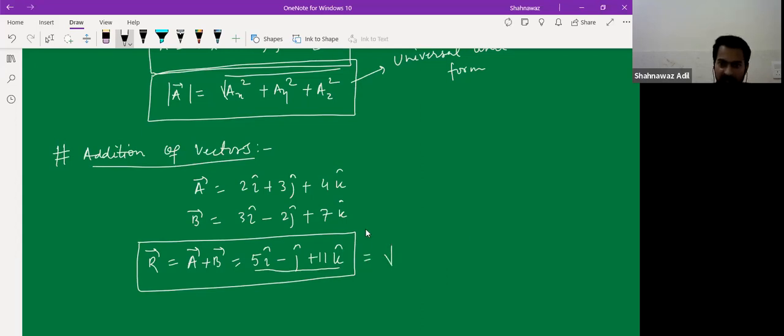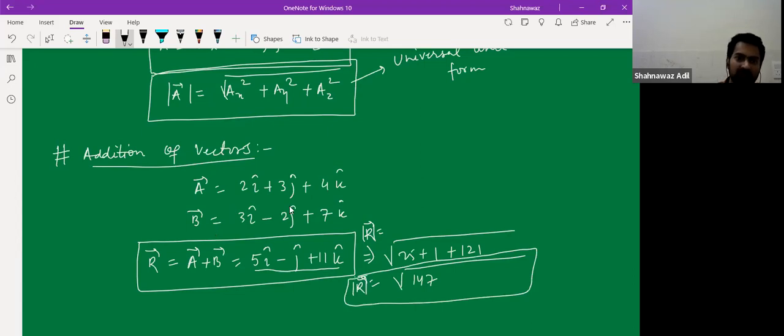This would simply be 5 square, 1 square and 11 square. So this would be how much? 25, 1 is 26, and then 147. So calculating the addition of vectors in the universal unit vector form is pretty easy.